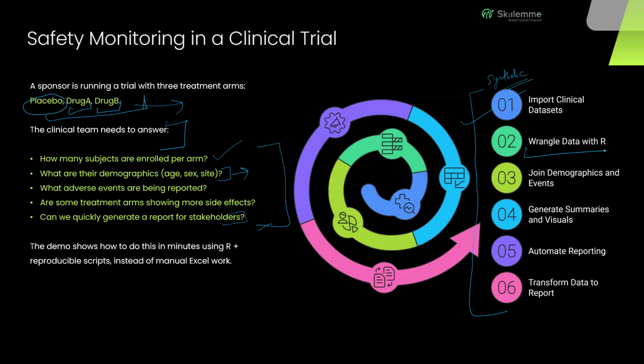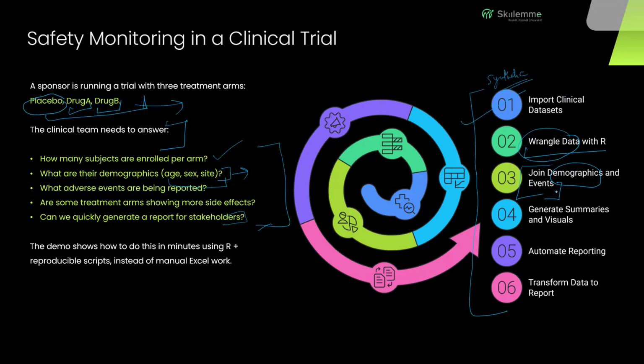Then we have the data wrangling part of it, the data analysis, summarizing, basically all kinds of data manipulation has been done. Then we try to join the demographics and the events. Demographics would be, like we called out, the age, sex, and the site at which the data has been collected.